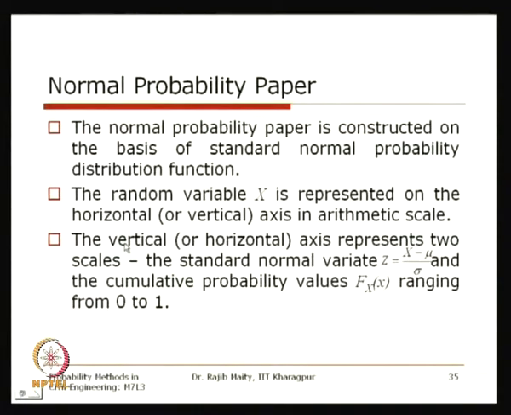If I reverse this, and x is on the vertical, then this one will be the horizontal, but in most cases it is the vertical axis. So the vertical axis represents two scales: the standard normal variate z equals x minus mu by sigma, and the cumulative probability values F(x) ranging from 0 to 1.